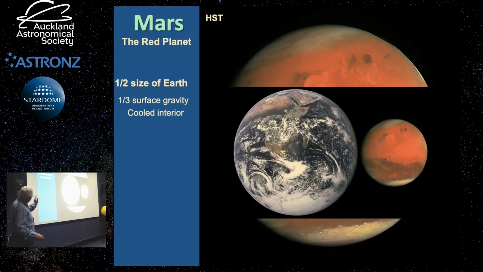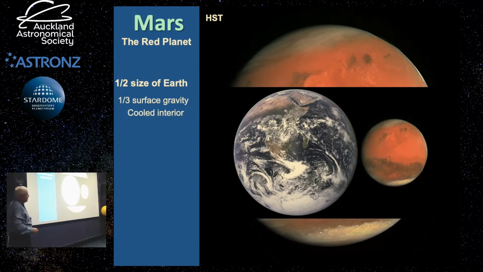Same principle as Mercury, its interior has cooled down. Why? Because it's small, so it's got a relatively large surface to volume ratio. It has cooled down, and because of that, it does not have a molten core of iron going round and round to generate magnetic field lines around it that protect you from the charged particles coming from the sun.